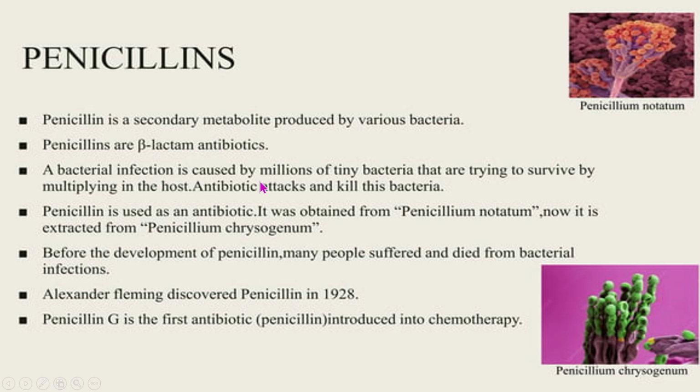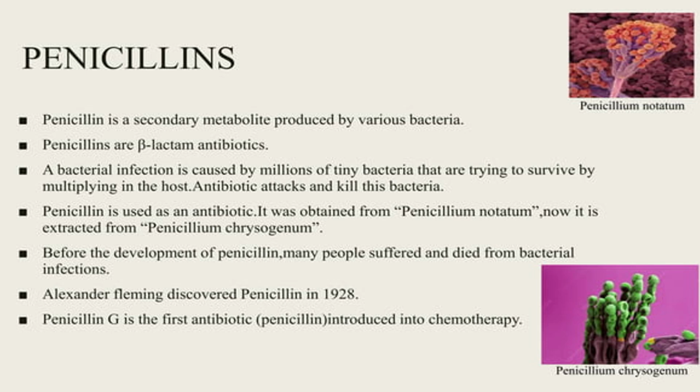A bacterial infection is caused by millions of tiny bacteria that are trying to survive by multiplying in the host cell. Bacteria survive by using the nutrient material of the host cell. But antibiotics like penicillin will attack and kill those bacteria which are surviving on the host cell.